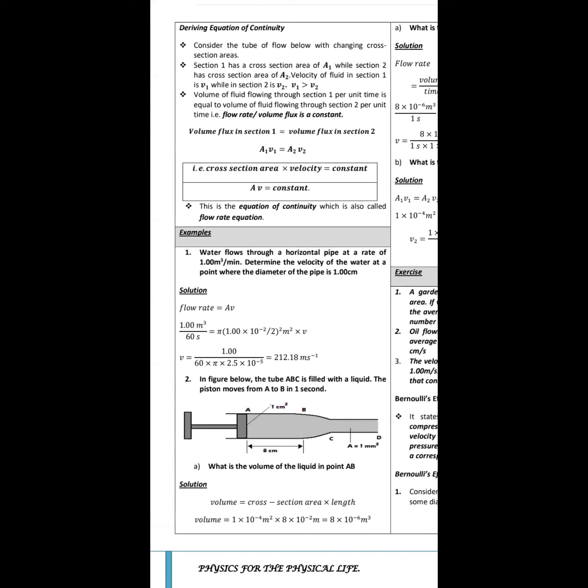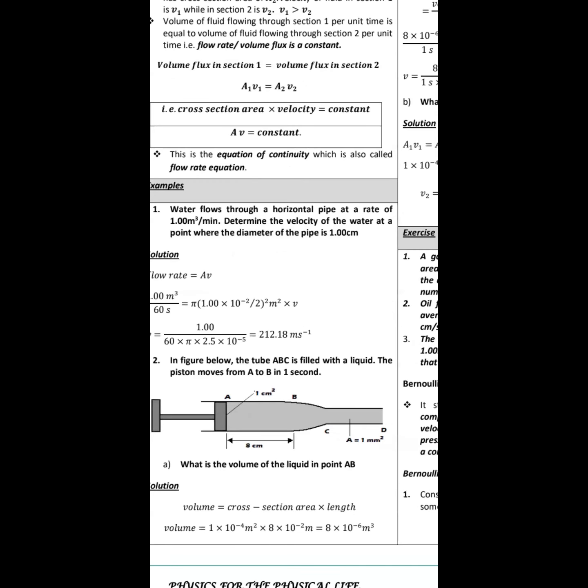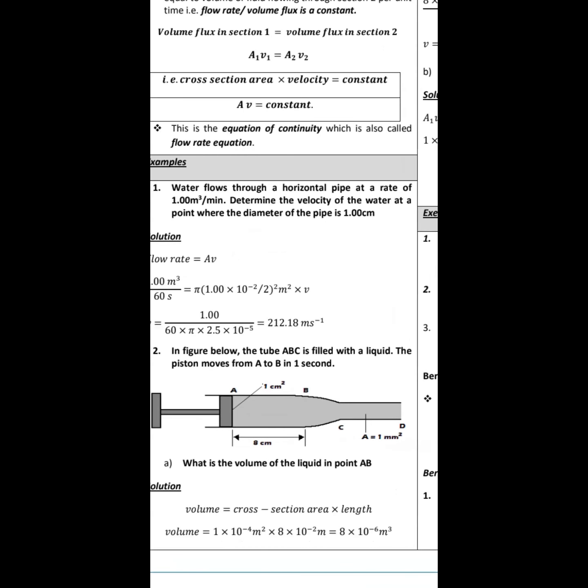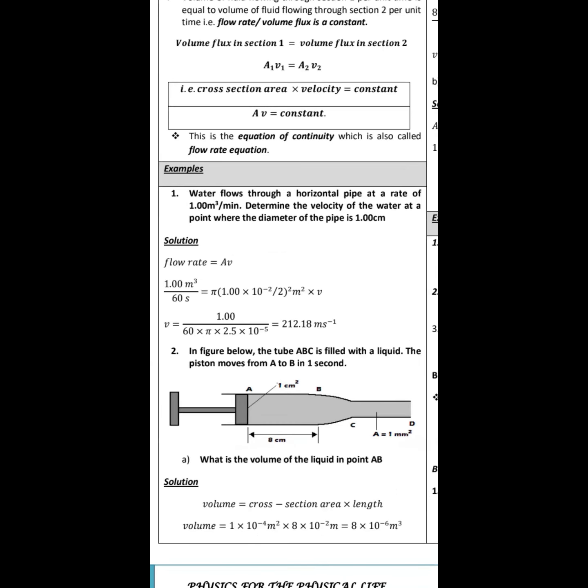In the figure below, the tube ABC is filled with a liquid. The piston moves from A to B in 1 second. What is the volume of the liquid in part AB?